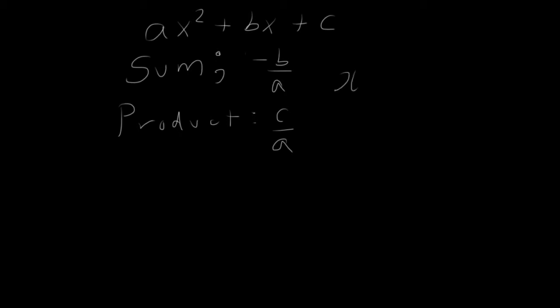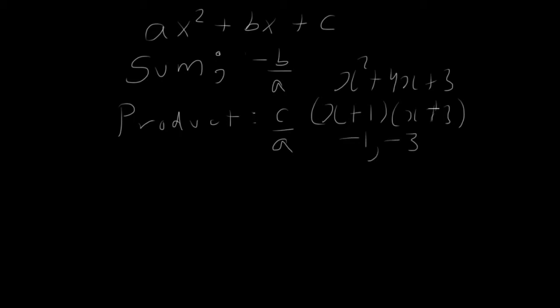In the equation x squared plus 4x plus 3, that factors to x plus 1 times x plus 3. So the two roots here would be negative 1 and negative 3. Now if we apply Vieta's formula to this equation, the sum would be negative 4 over 1, because this is b, and the a is going to be the imaginary 1 here.